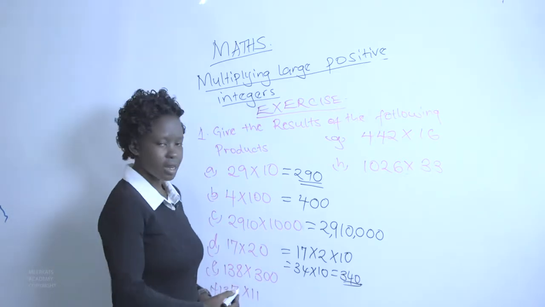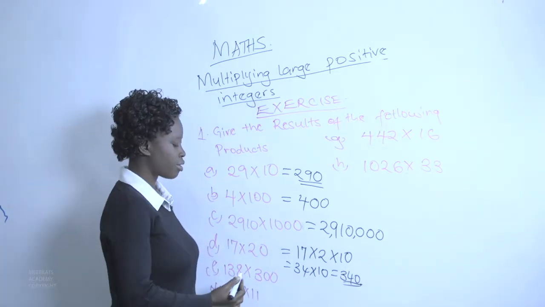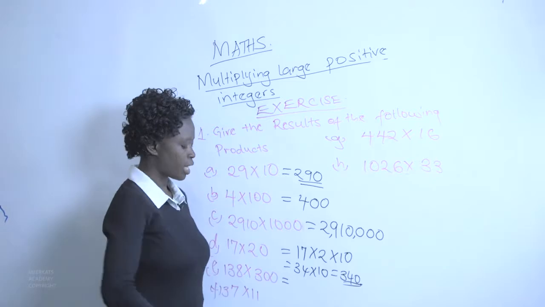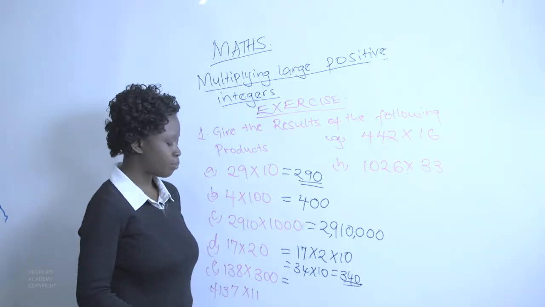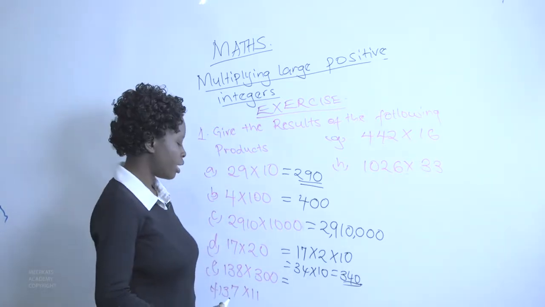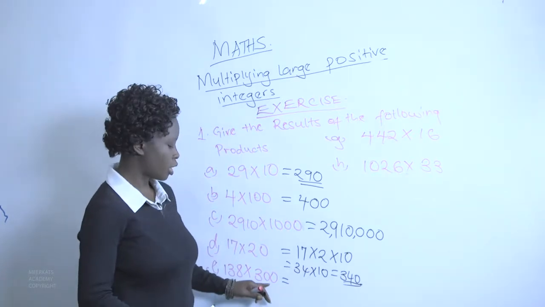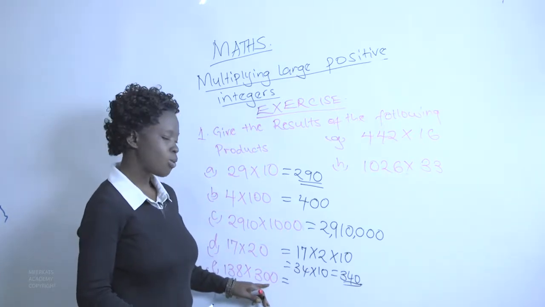Next, we have 138 times 300. So 300 is a multiple of a power of 10, and the power of 10 that we are talking about in this case is 100.